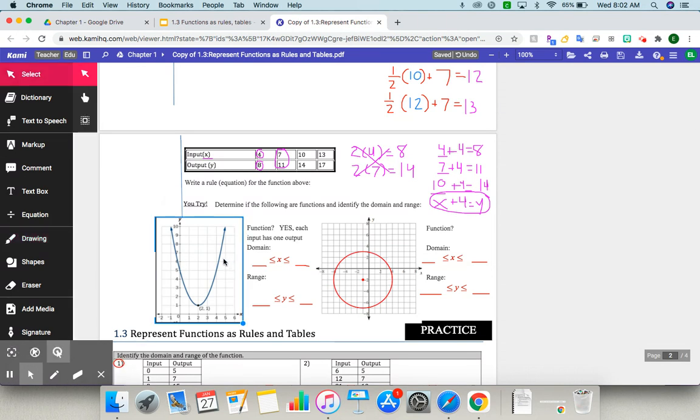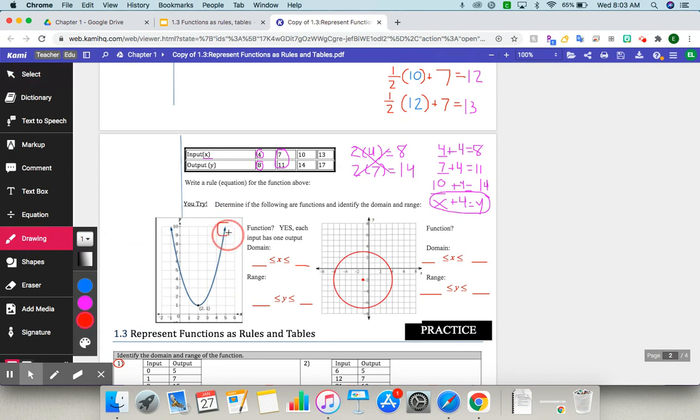So this first graph is a function because each input does have one output. Now, looking at the domain, you may have said -1 to 5, and that's because those are the values you see on the graph. However, because of these arrows, it actually indicates that the graph will continue on forever.